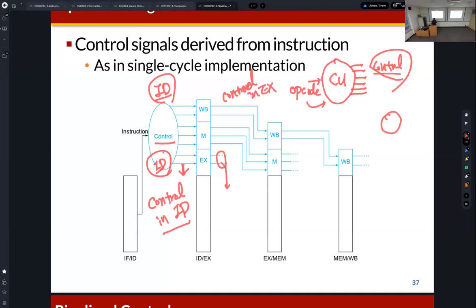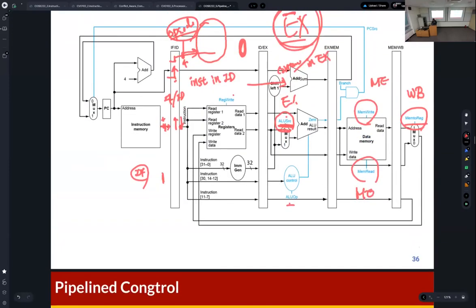If some control signals are used in the EX stage, then we use them there. How about the mem write and mem read? I mentioned that we use the mem write or mem read signal in the memory stage, which means we need the control signals in the memory stage.